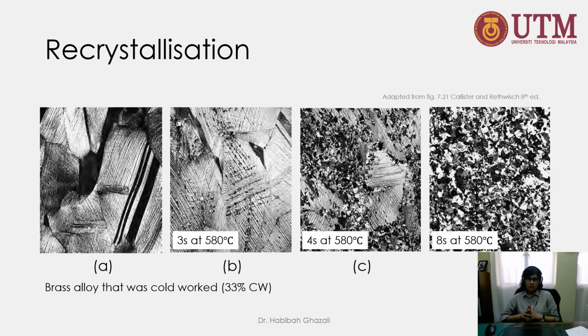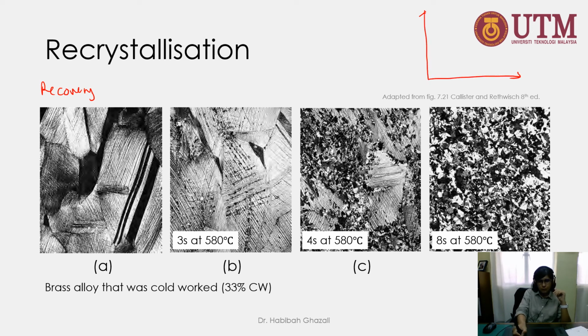This is an optical microscope image of a brass alloy, which is a copper alloy that has gone through 33% cold working. So the dimension has been changed through the cold working process. As you can see, the first image here is after the recovery process. If I draw the cooling curve, this is time, this is temperature.